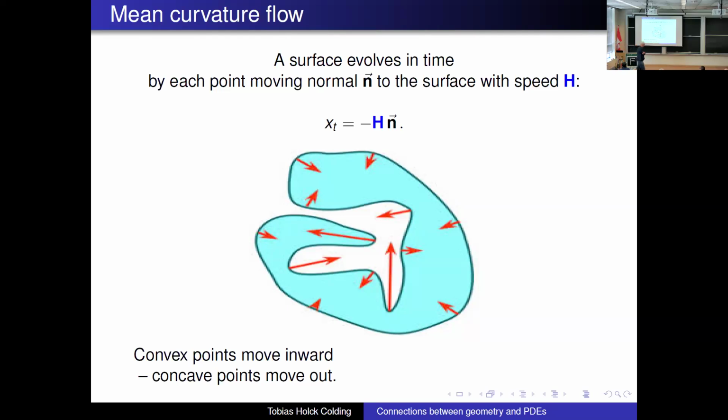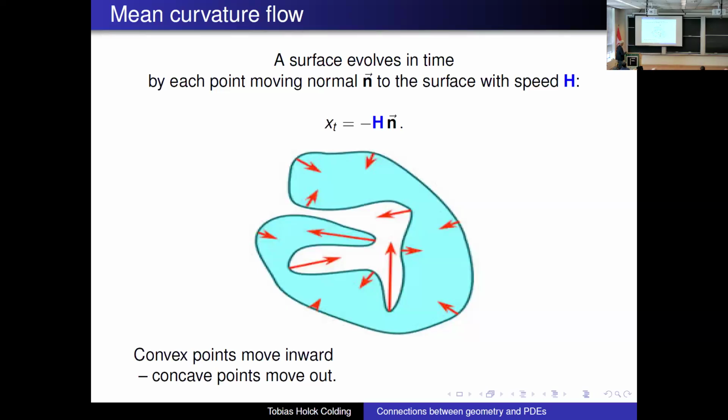The mean curvature flow equation is when you don't have equilibrium. If the surface tension is the only force acting and you have equilibrium, then it's a minimal surface. If it's not in equilibrium, but to some extent going towards equilibrium, then you get the mean curvature flow equation.